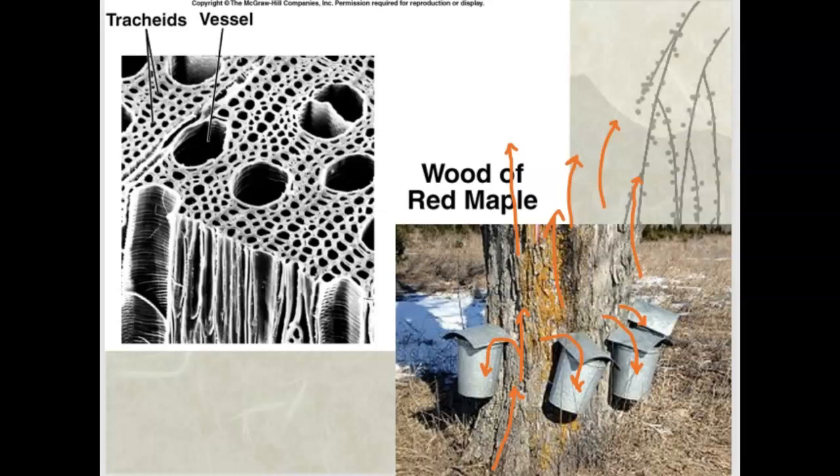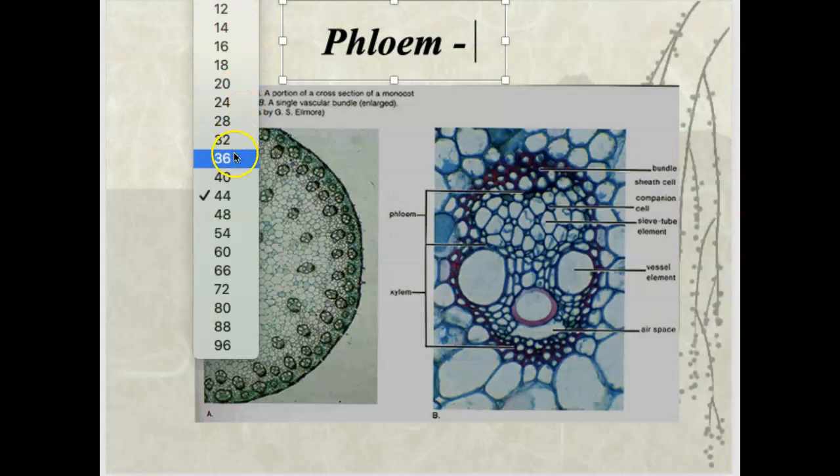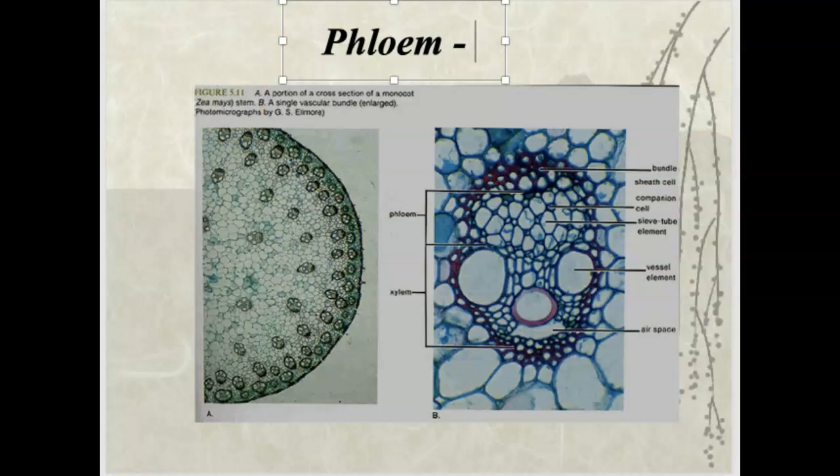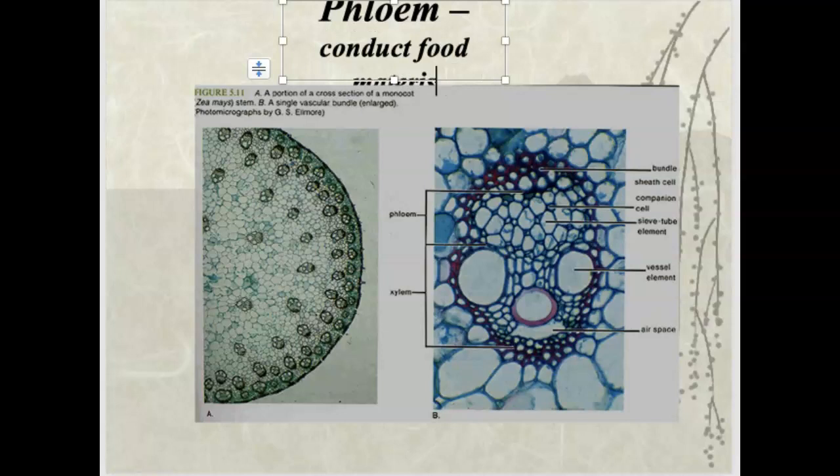So that is the xylem that we find as a vascular tissue. The other type of vascular tissue is known as phloem. Phloem is a vascular tissue that plants use to conduct food materials.